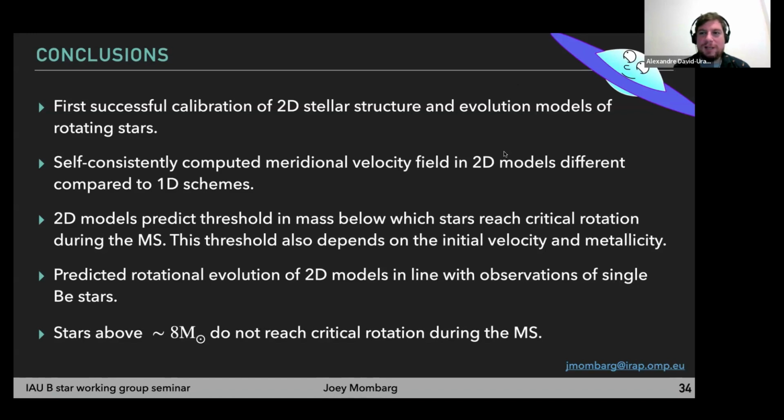Okay, so I might use my prerogative to open up the question period, and I'll preface by saying this might be a slightly naive question. I'm still a bit new to the BE star field, but I think that last point you mentioned in the conclusions is quite interesting, going into the realm of speculation a little bit.